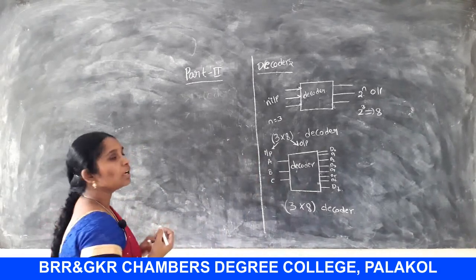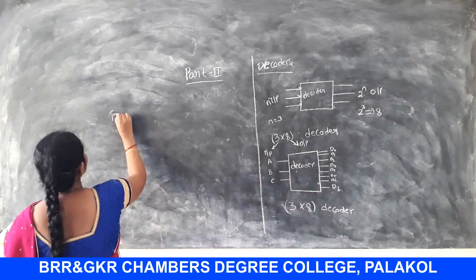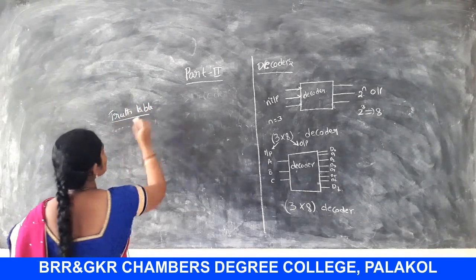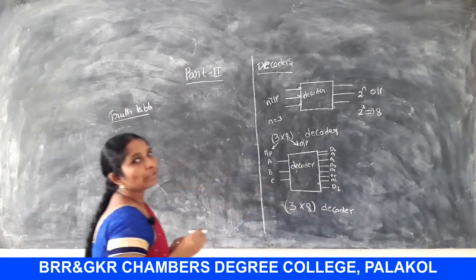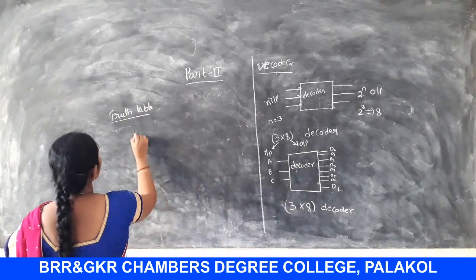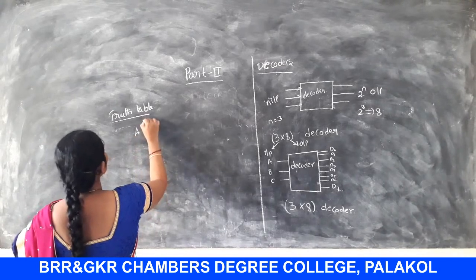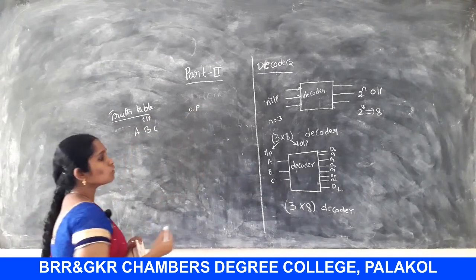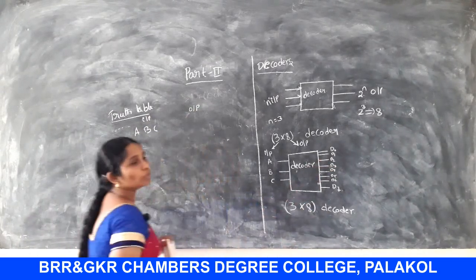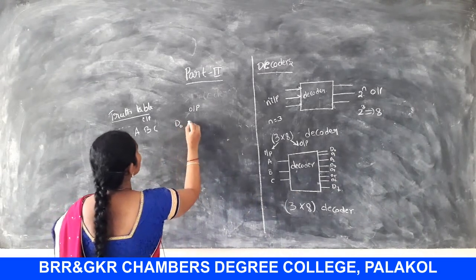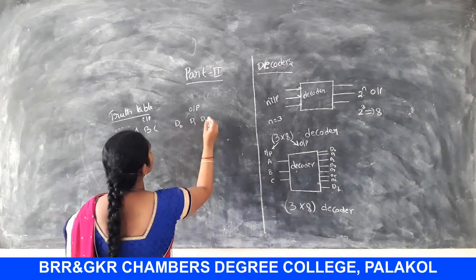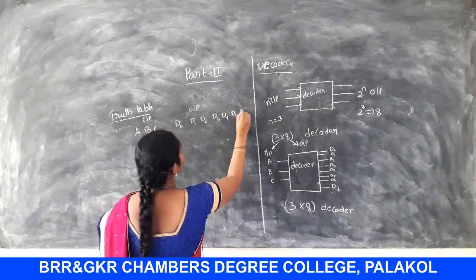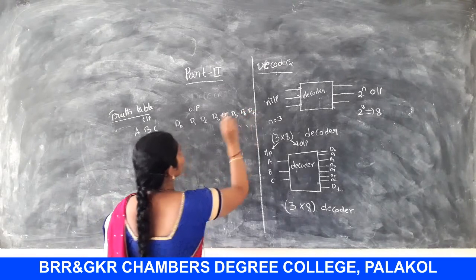Now we will draw the truth table for this 3 to 8 line decoder. The number of inputs is 3 and the number of outputs is 8, from D0 to D7. So this is D0, D1, D2, D3, D4, D5, D6 and D7.